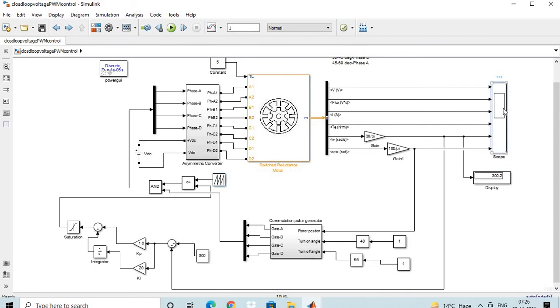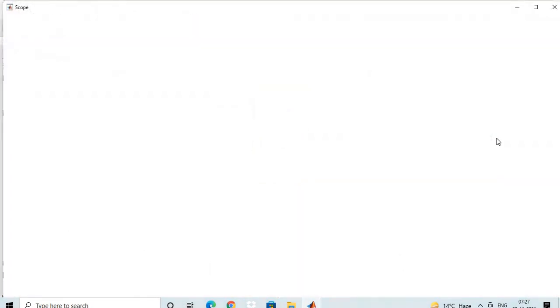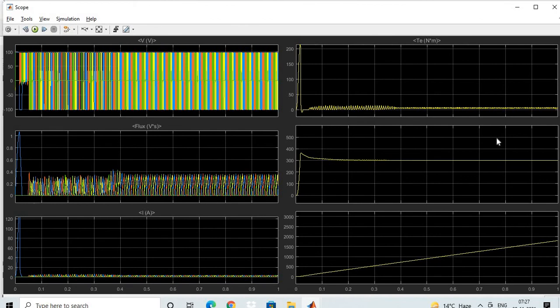If we go through the output response, we'll discuss these characteristics here. This is the voltage curve, and this is the flux characteristic.